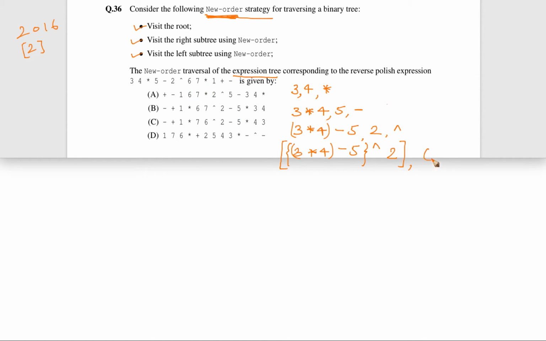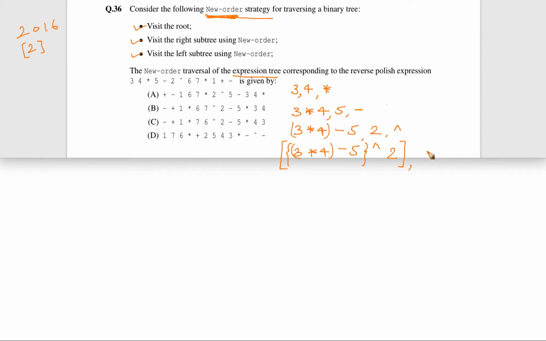6 is coming, then 7 is coming, then multiplication is coming. So again an operator is coming, so this will be written as 6 star 7, 6 into 7. Okay, so instead of writing a new line, I will write it here only.